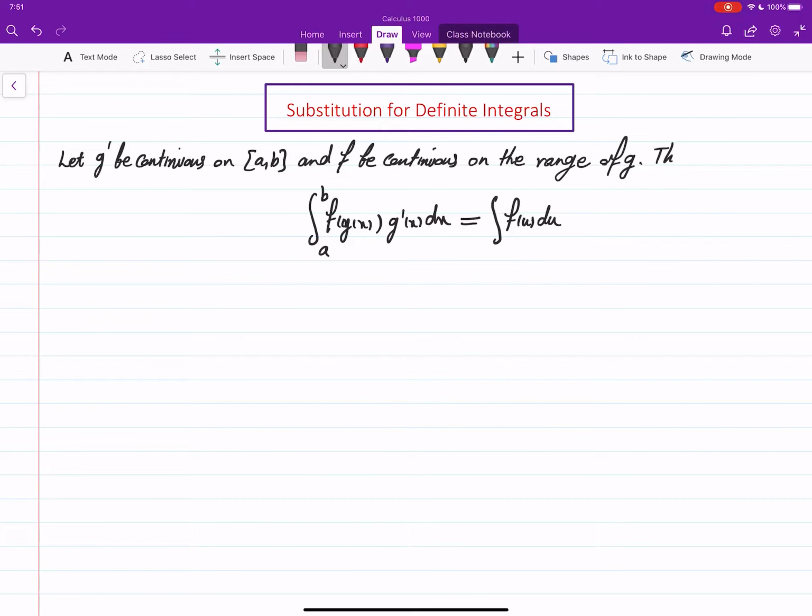Then, well, for this part, changing the integrand into the u integrand is the same thing.